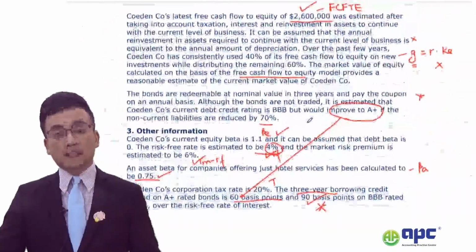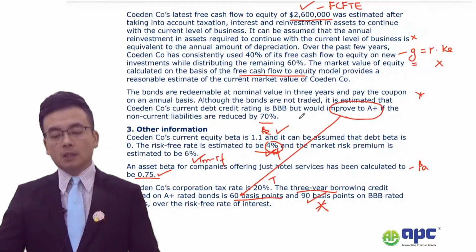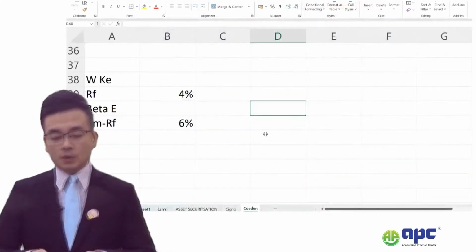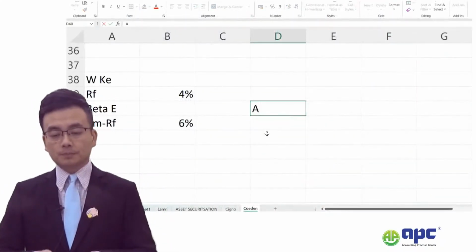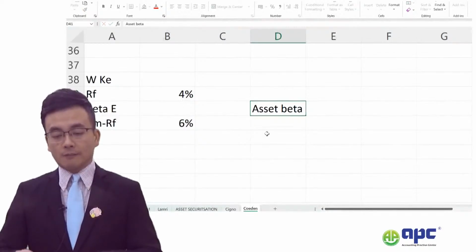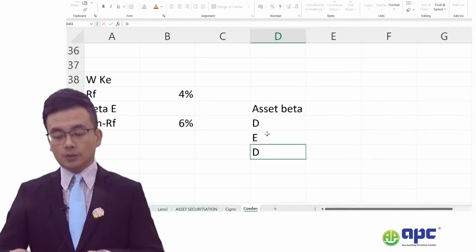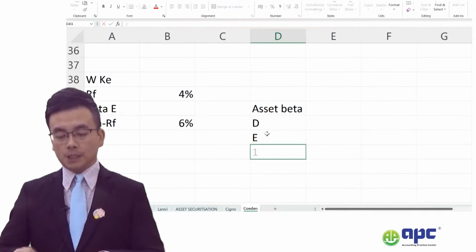So this is applied in the gearing exercise, but the debt value has changed because now it's valued at 60 basis points rather than 90 basis points. So that's why, of course, we've got the asset beta and the debt value, equity value, and debt. Sorry, 1 minus tax rate being 80% there.